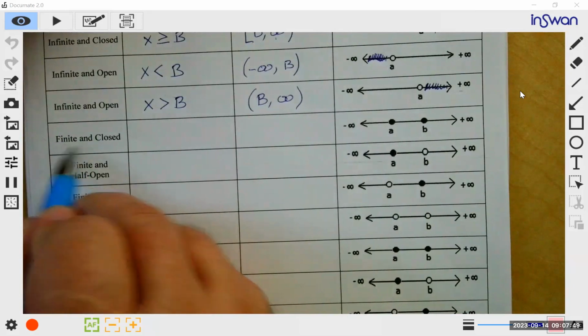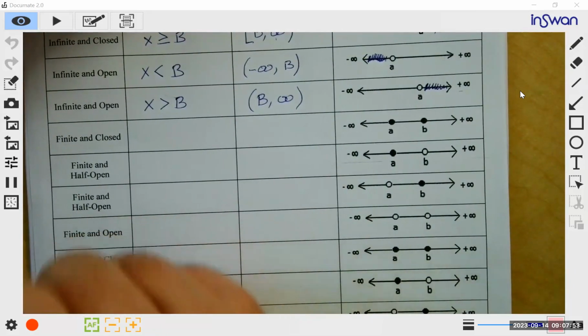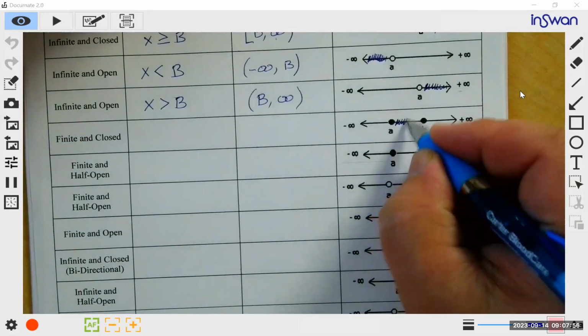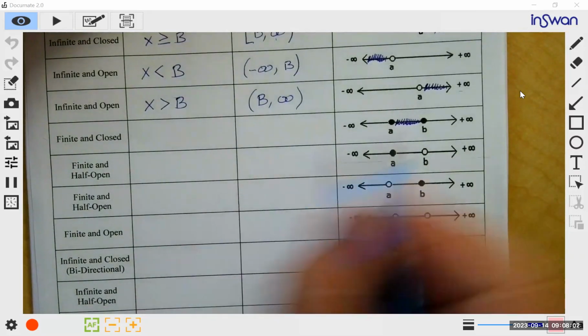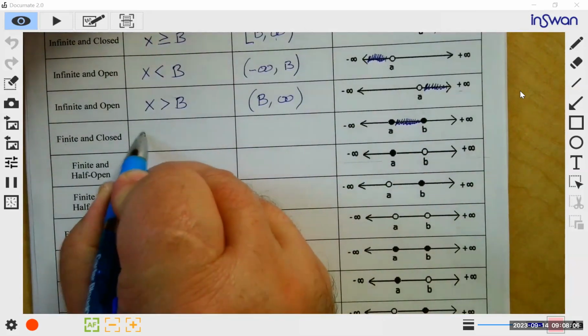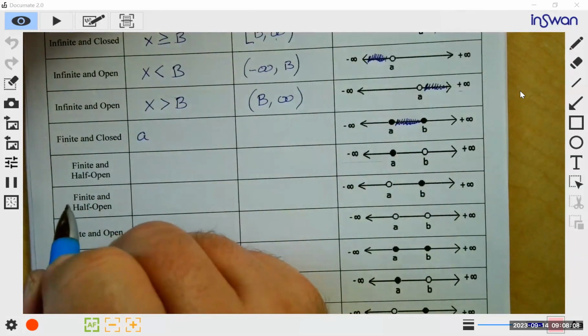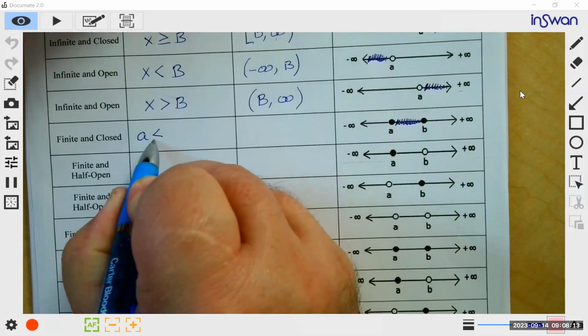Okay, now we're going to get something called finite and closed. Finite means it has a beginning and an end. What this means is I'm now going to be between A and B. Reading left to right, what's my smallest? I can get to A. Can I use A? Yes, since it's a solid dot.